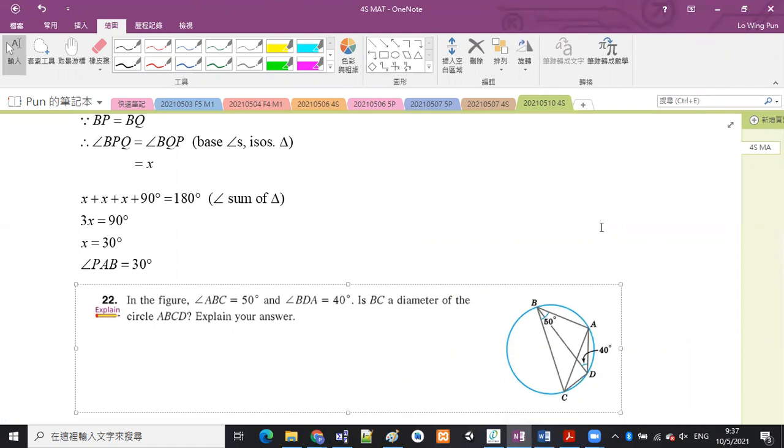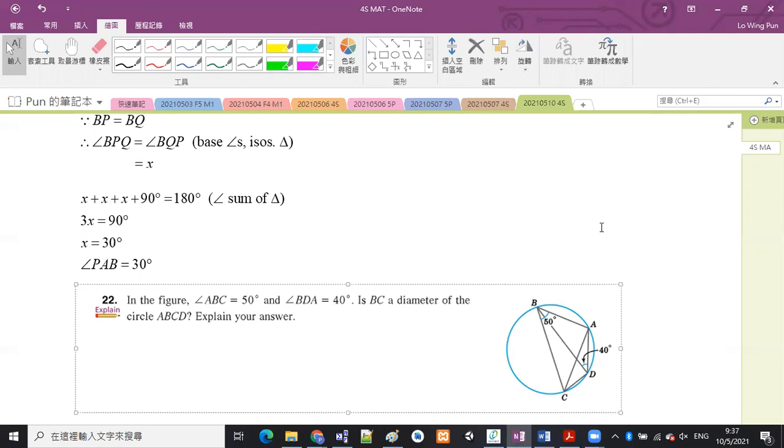This time, the question did not tell you whether it is a diameter or not. It's asking you whether it is a diameter. So we need to check one angle and see whether it is equal to 90 degrees or not. If I want to check BC is a diameter or not, then we need to check angle BAC whether it is equal to 90 degrees or not. If this angle is 90 degrees, we say yes, BC is a diameter. If it is not 90 degrees, we say no.